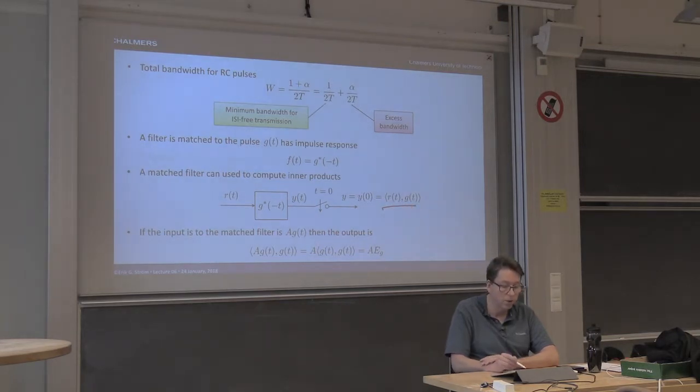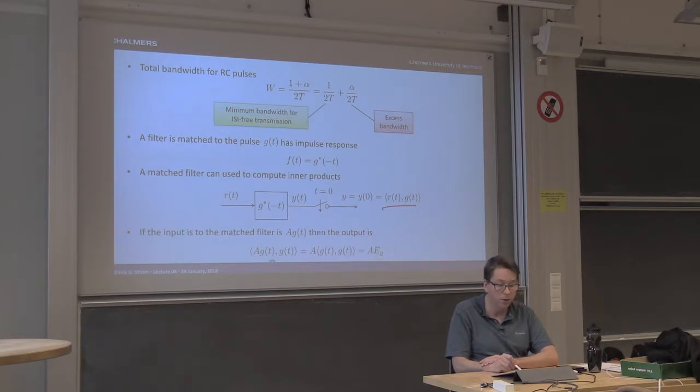In particular, if the input to the filter is some scaled version of the pulse to which the filter is matched, then it's easy to show that, putting A times g(t) instead of R, one can break out A due to linearity of the inner product. The inner product of G with itself is just the energy of G. So the output Y is the amplitude multiplied with the energy of G, which is a positive number.